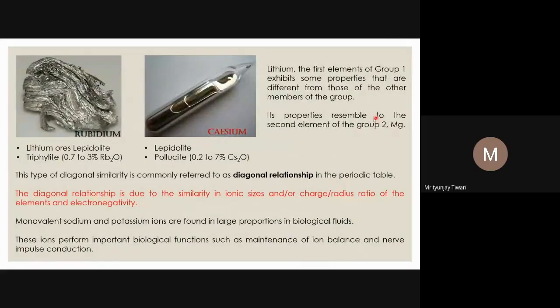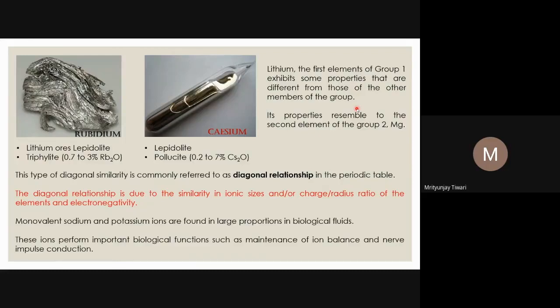So lithium, the first element of group 1, exhibits some properties that are different from those of the other members of the group. Its properties resemble the second element of group 2, and that is magnesium, as we have just seen. And this type of diagonal similarity is commonly referred to as diagonal relationship in the periodic table. Not only this, it is not the only pair; there are many other pairs which also show diagonal relationship, like beryllium, whose properties are close to aluminium.